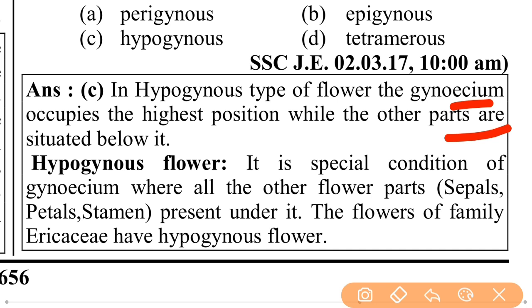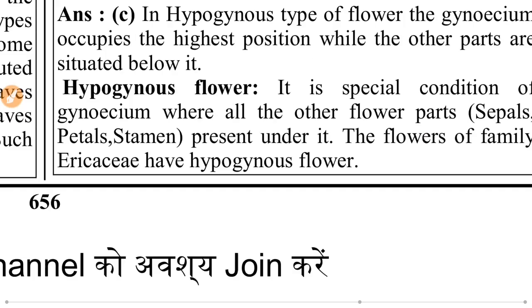Hypogynous flower is a special condition of gynoecium where all the other flower parts, sepals, petals, stamen, are present under it. The flowers of family Ericaceae have hypogynous flower.